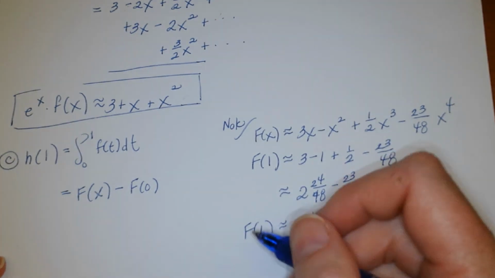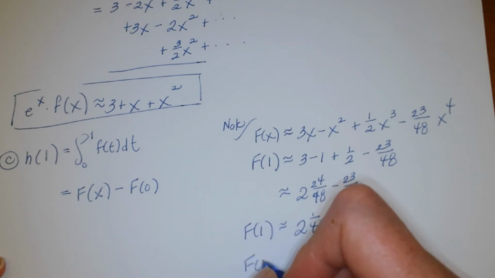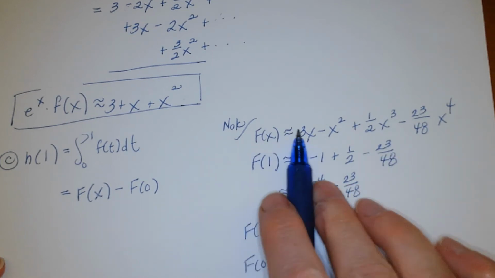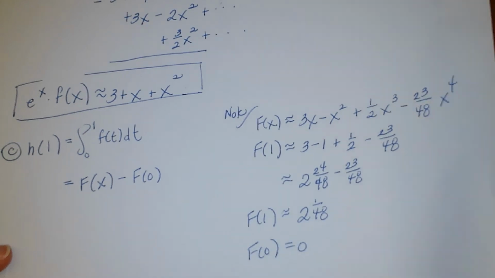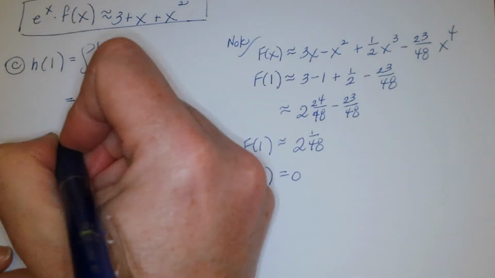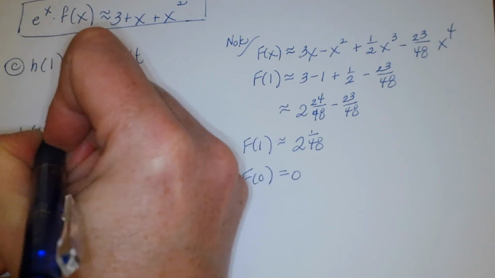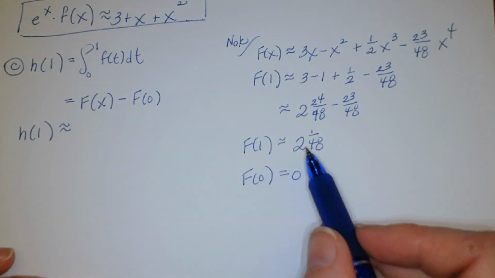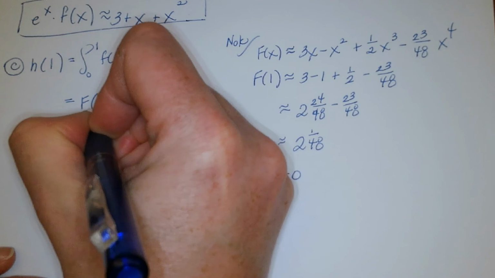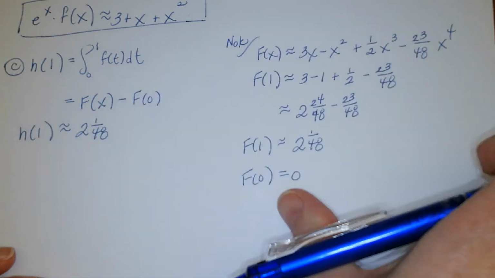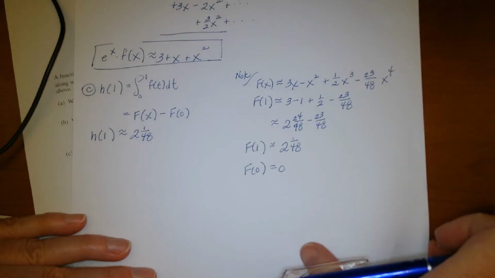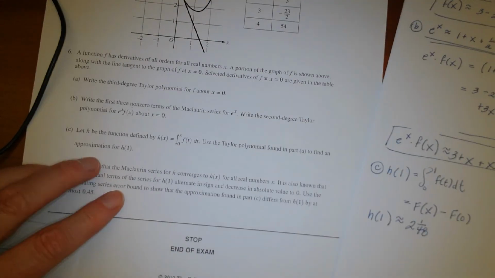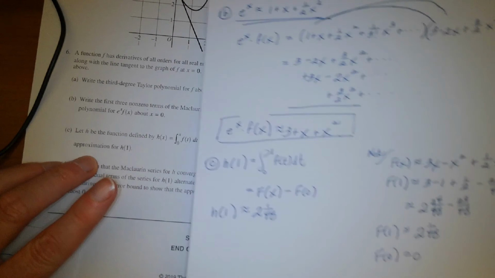And then what would big F of 0 be? Well, that would just be plugging zeros in, and since everything has an x in it, that would definitely be 0. Okay, so it looks like h of 1 would be approximately 2 and 1/48. Is that all they asked us for? That is all they asked us for. Okay.